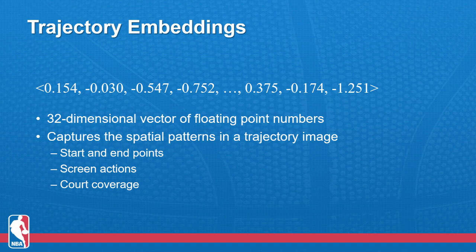At this point, we put all 3 million images through a convolutional autoencoder architecture to generate a 32-dimensional floating point vector for every movement on offense. We call this 32-dimensional vector a trajectory embedding. Each trajectory embedding captures the spatial patterns of the image that it is generated from, such as the start and end points, potential screen actions, and court coverage.